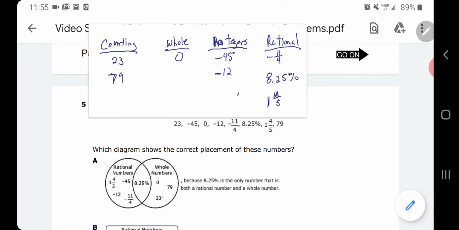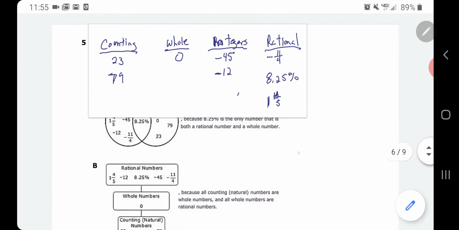My only issue with this is 0, 79, and 23 should also be with the rational numbers, because they are whole numbers, but then again, they are integers and rational. And with this bubble, it's showing that these whole numbers, 0, 79, and 23, are not rational. That would not be correct, because all whole numbers are rational.